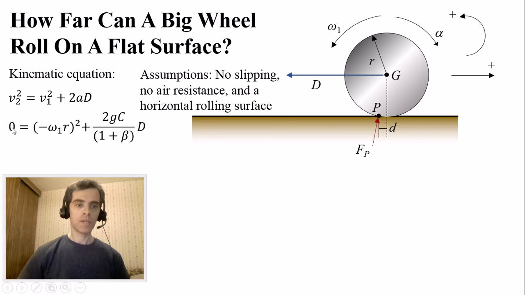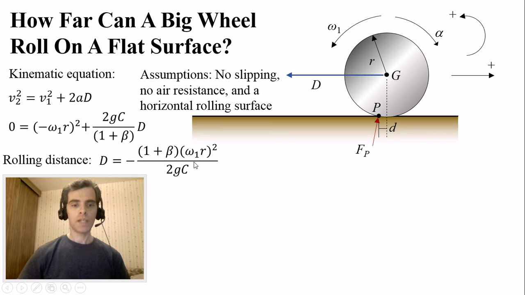So we just substitute in the values of v2 and v1, and we have 0 is equal to (negative omega 1 r) squared plus 2a, and a is the acceleration of point G. We substitute that in and we get 2gc over (1 plus beta) times D. So we want to solve for the rolling distance D. And we have D is equal to negative (1 plus beta) times omega 1 squared times r squared divided by 2gc.